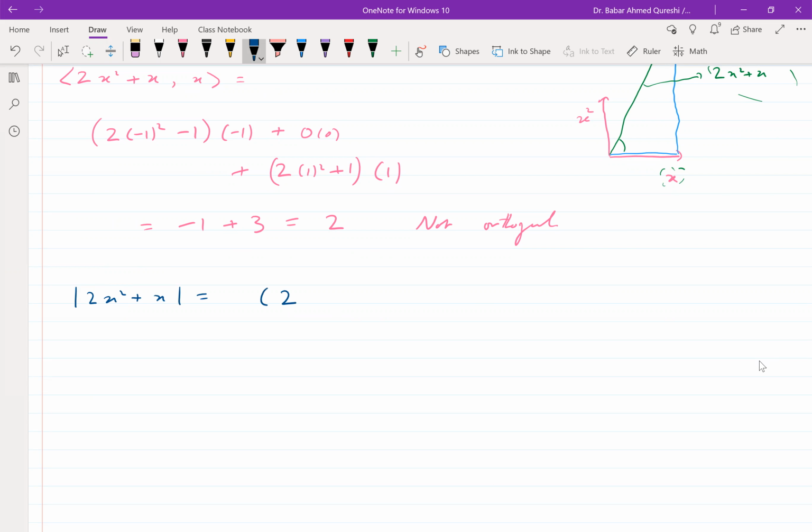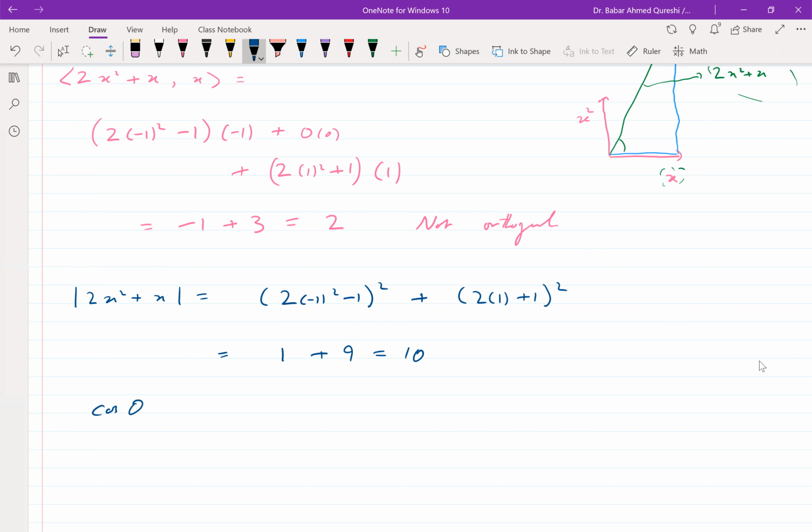So the length square is minus 1 square plus 0 plus 1 square, so this is equal to 2 minus 1, it's 1, plus 3 square, 9, is 10.